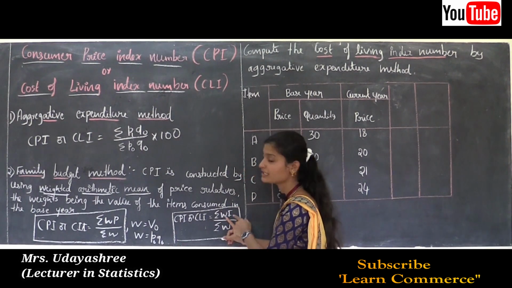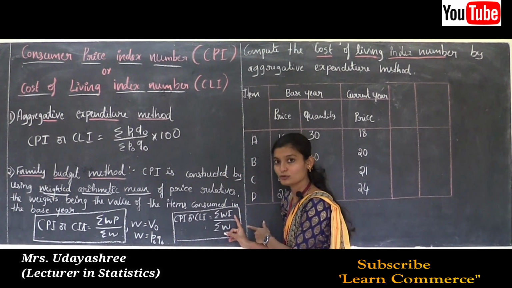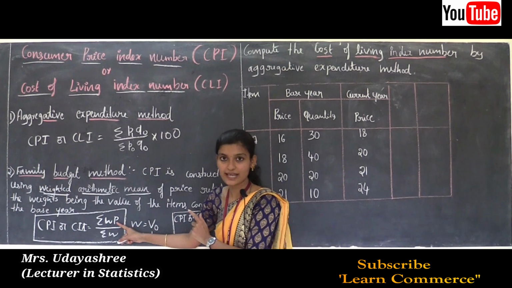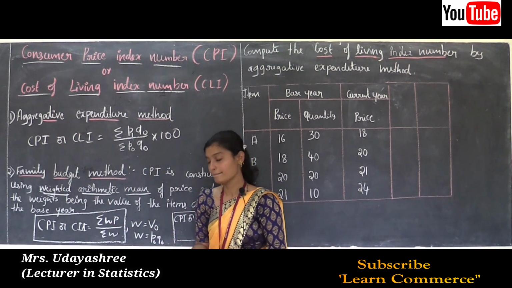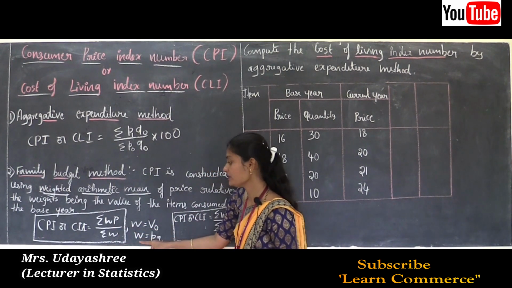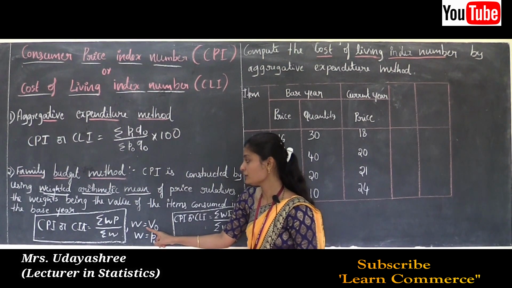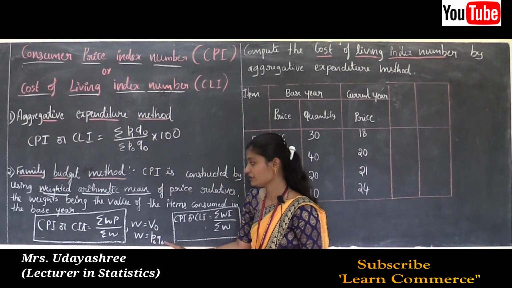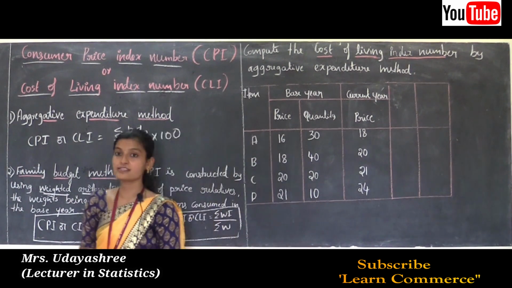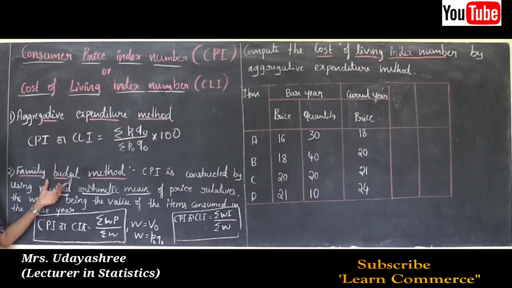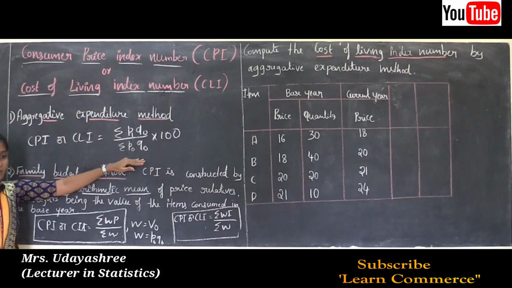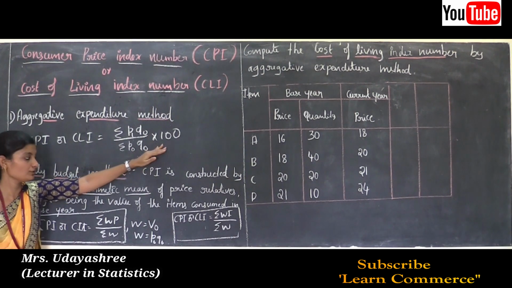We know that W is weight, I is group index, P is price relative, and W is the value of base year, that is P0 into Q0. These two formulas are used to construct family budget method. To construct aggregative expenditure method, the formula is CPI or CLI is equal to summation P1 Q0 divided by summation P0 Q0 into 100.